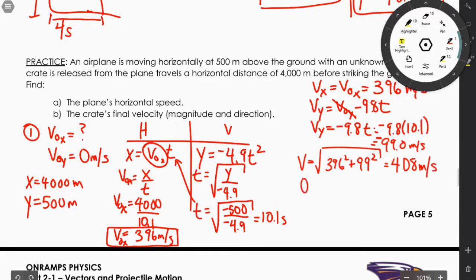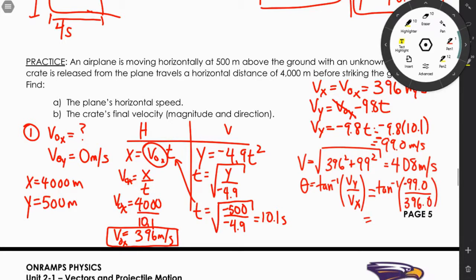And now we find the angle, right? Because this is now the direction. So you're going to do the inverse tangent of Vy over Vx. And so that's going to be the inverse tangent of 99.0 divided by 396. In fact, this will be a negative 99.0.